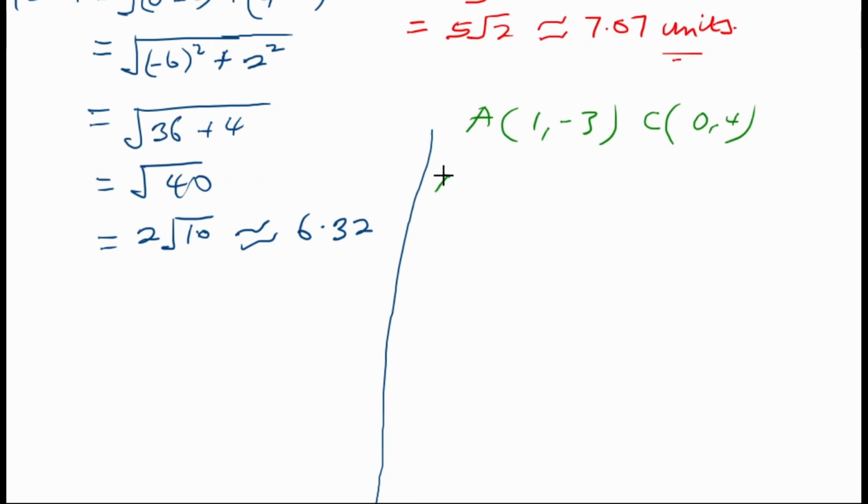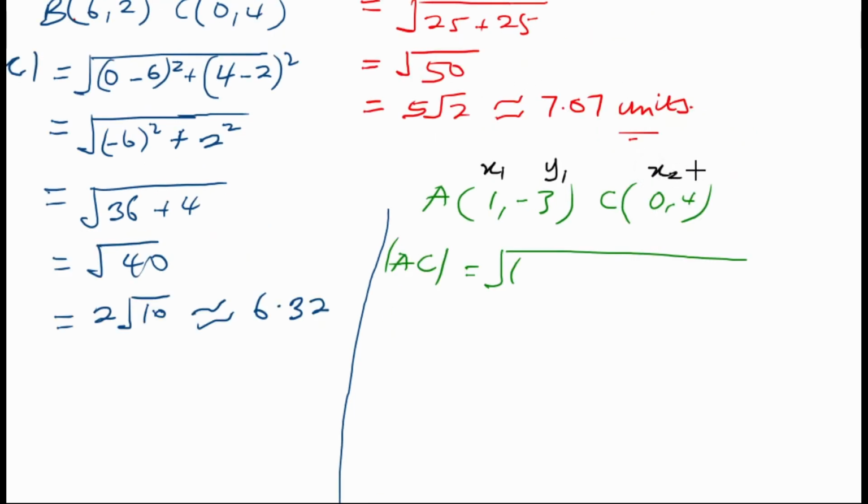And substituting this into the formula, the length AC now becomes the square root of x2 is, let me just put the labels on top of each of them. So this is x1, y1, and then also x2, y2. So now our x2 is 0 minus x1 is 1 all squared, then plus y2 is 4 minus y1, which is negative 3 all squared.